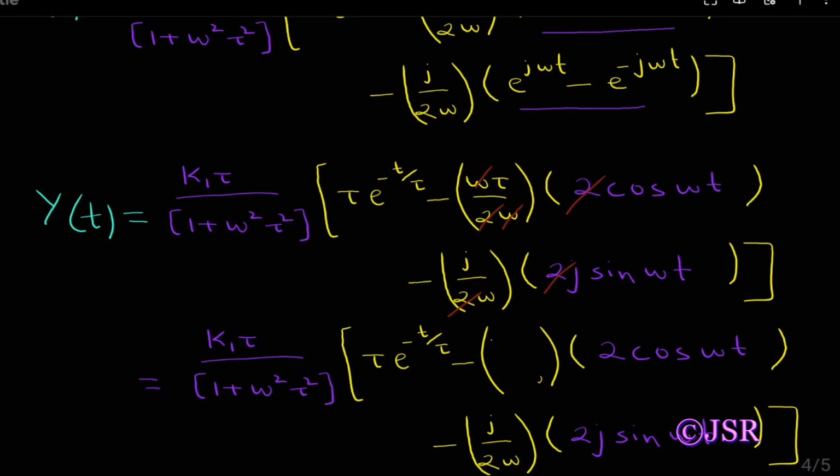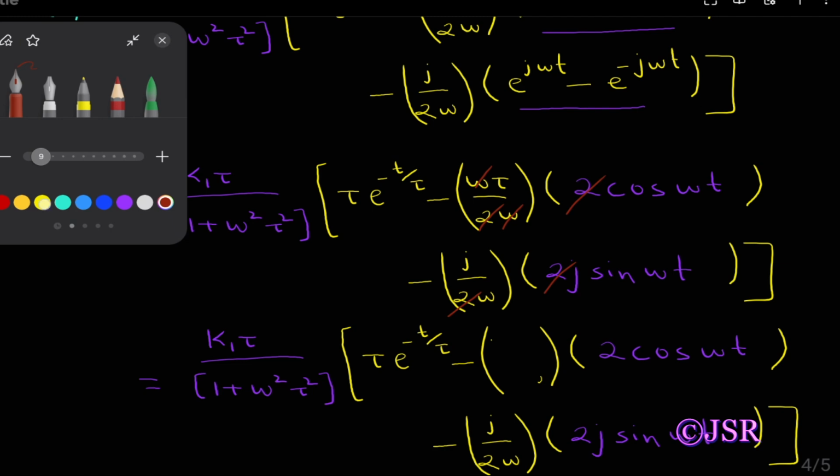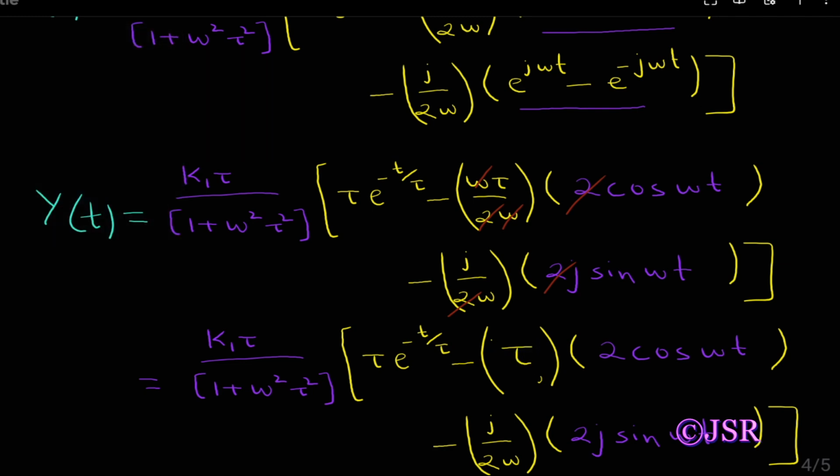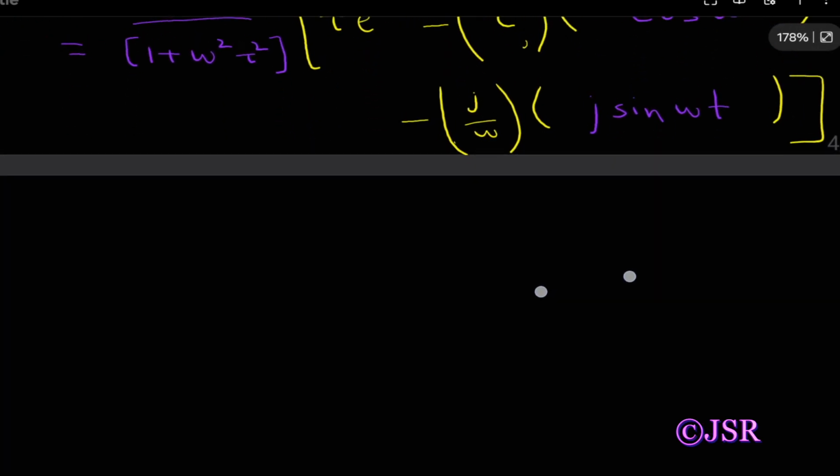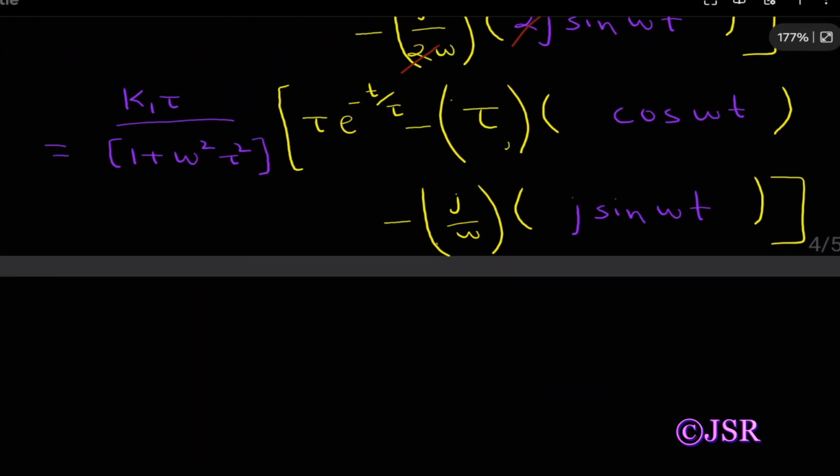So in the second term we will have only the tau term, and here we will have the j omega term.